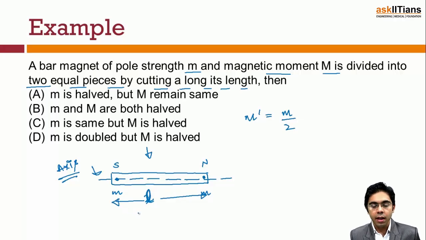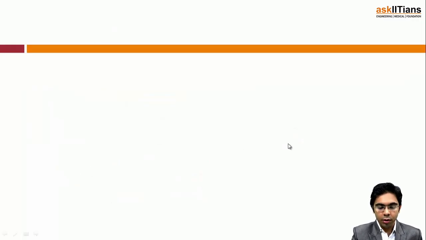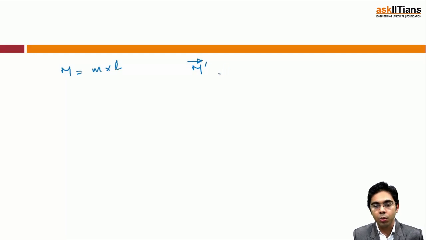So what do we know? We know that capital M is equal to m into L. Initially it was M is equal to m into L. Now if we talk about the new dipole moment, let me write it as M dash. It will again be in the south to north direction. The magnitude will be m dash into L dash, where L dash is the new length.